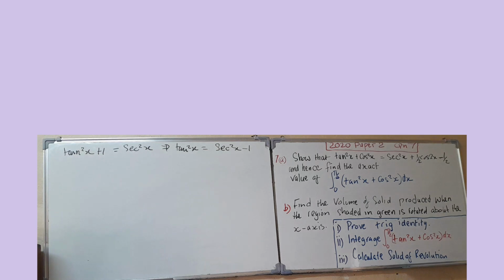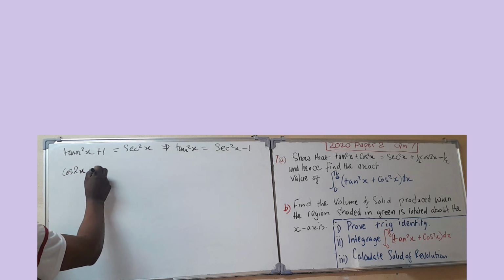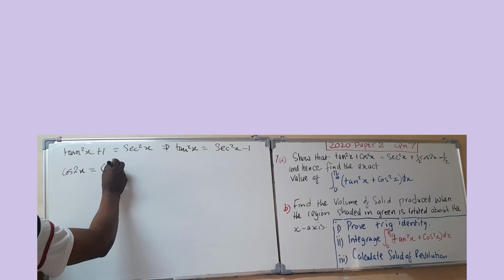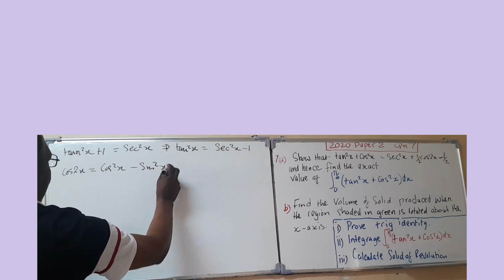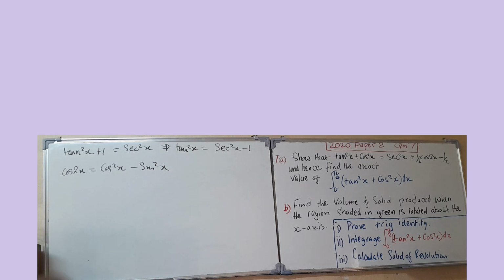Okay? What about cos of 2x? We know cos of 2x is equal to cos squared x minus sine squared x. Of course, we can get rid of the sine there because we don't see it appearing there.